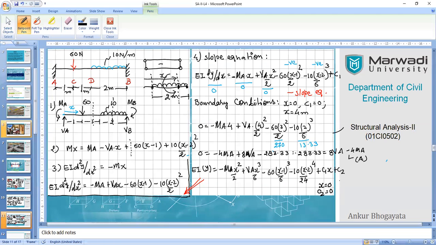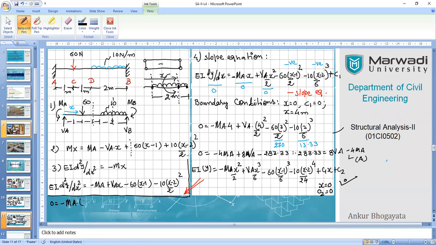That is our other important deflection equation. So now I'm going below, so please bear with me over here. It is 0 equals minus MA.